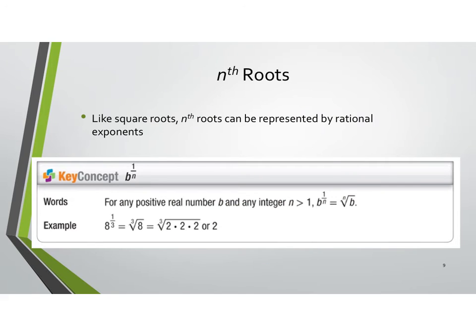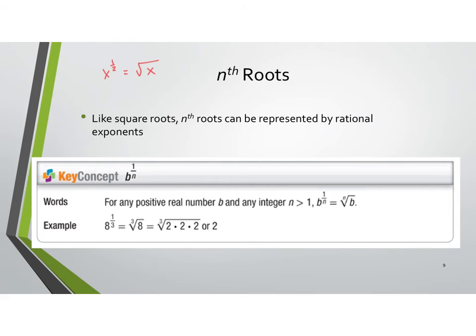So now that we've solved nth roots, now we need to know how to rewrite them. So when we just had square roots, remember that we had the exponential form and the radical form. Well, if we had x to the 1/2, that was equal to the square root of x. Same thing with our nth roots. We now have to learn how to rewrite them in exponential form and in radical form.